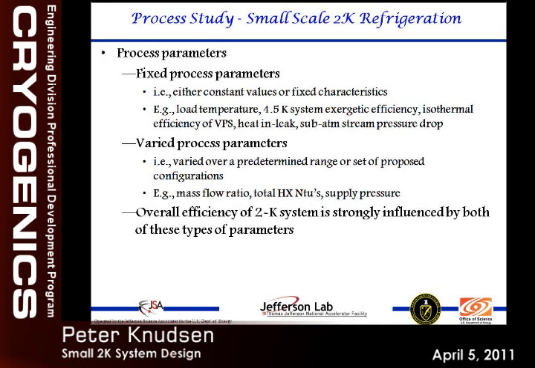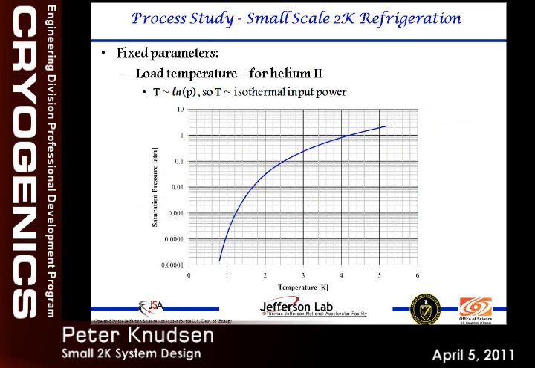So amongst the fixed parameters that we're interested in looking at, the low temperature, we're fixing at 2 Kelvin, and it's worthwhile putting up the plot here. This is the saturation pressure versus temperature, and the saturation pressure is on a log curve. The purpose for doing that is to say that the isothermal input power required for the vacuum pump is going to be proportional to the pressure ratio.